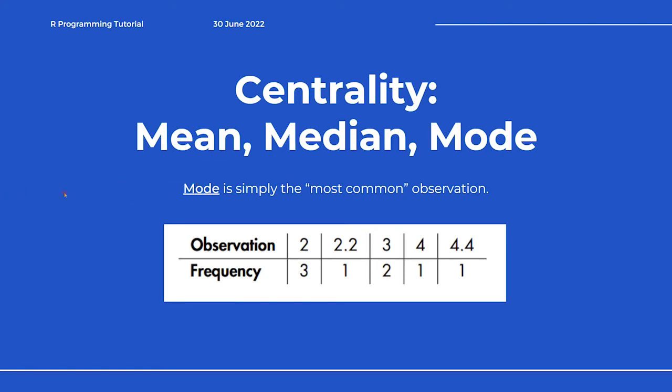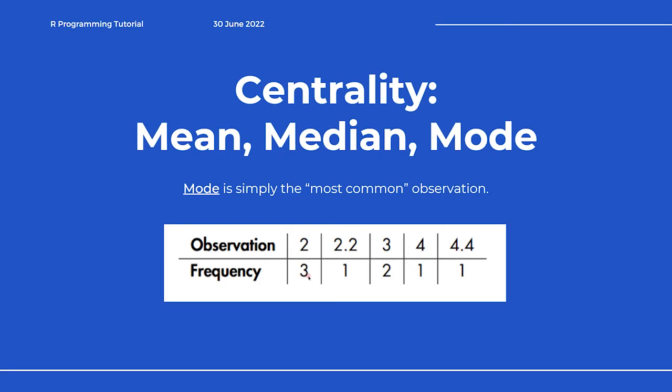Mode is simply the most common observation. On the same data that we have, you have to get the number of instances, or frequency, of each observation.